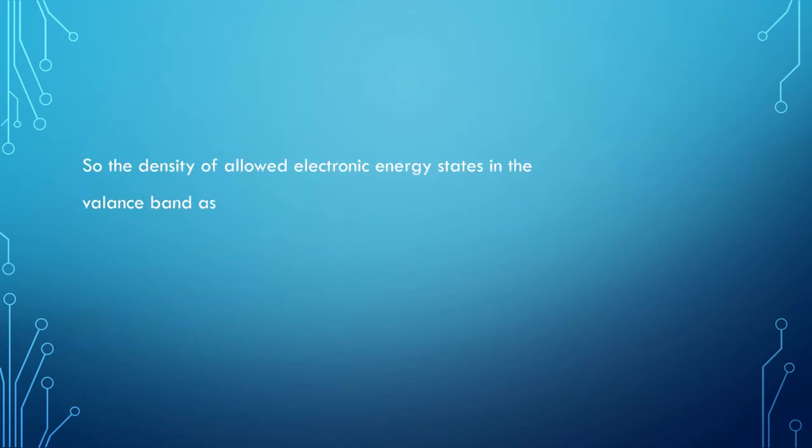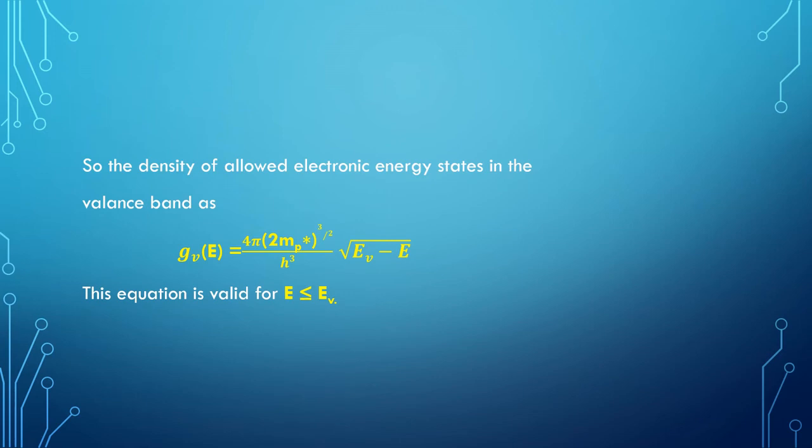The density of allowed electronic energy states in the valence band for a free hole particle is GV(E) equal to 4 pi (2 mp star) to the power 3 by 2 divided by h cube, times root over EV minus E. And this equation is valid when E is less than or equal to EV.